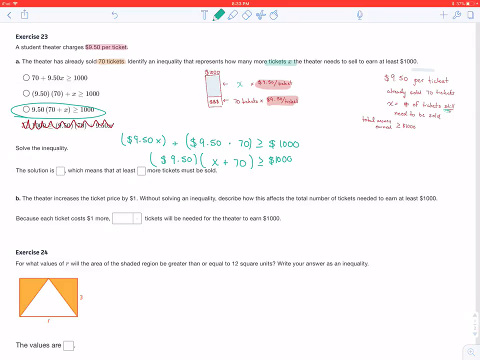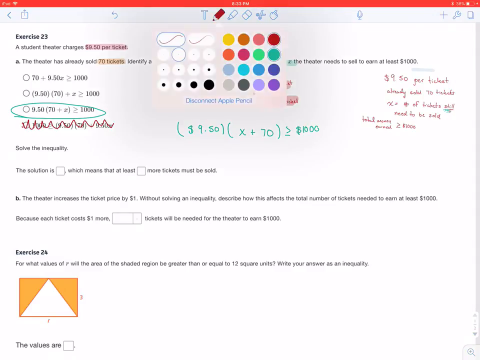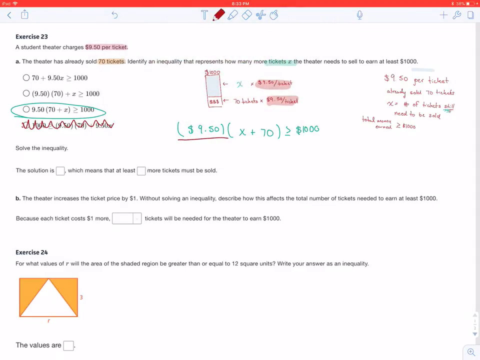When solving for x in this inequality, you can either do the distributive property and turn these numbers into some larger numbers. You'd have 950x plus 70 times 950. Or what you can also do, something I've talked about in some of the past videos, is get rid of that 950. You can cancel that out first by dividing both sides by that number, since it's outside of the parentheses.